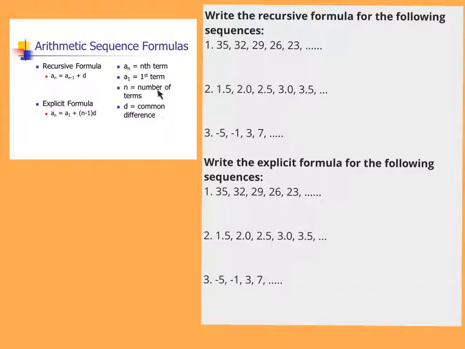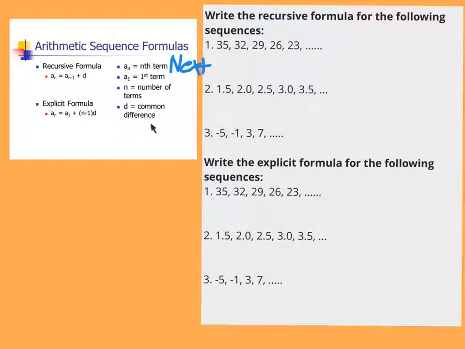Some terms you need to know here: a sub n means the nth term. Our textbook, instead of using a sub n, will say the next term. So you can either use the word next or you can say a sub n. A sub 1 is the first term. N is the number of terms, so if your sequence has 5 terms in it, 5 terms long.